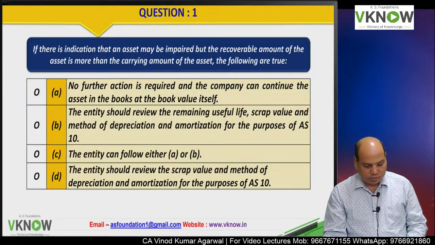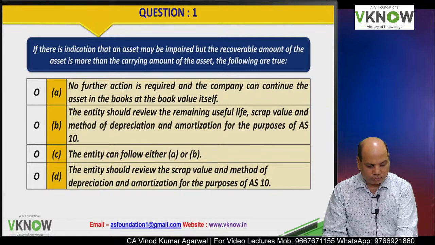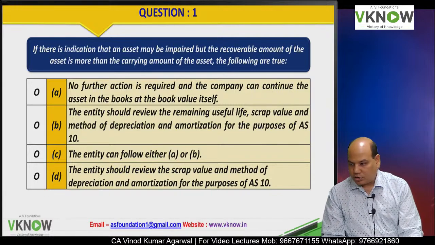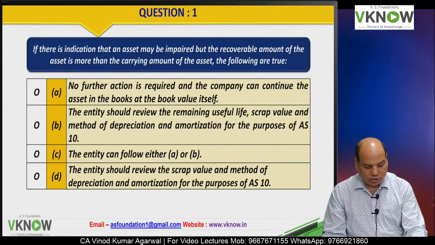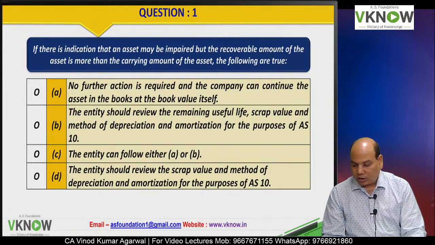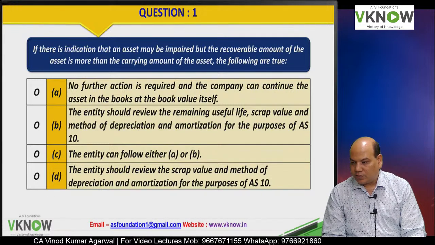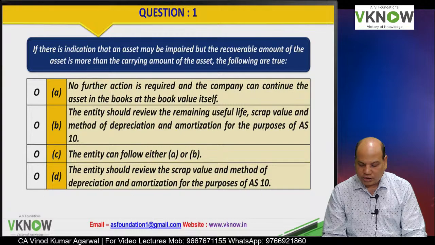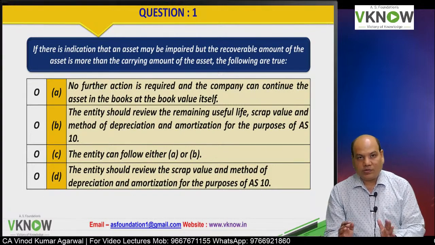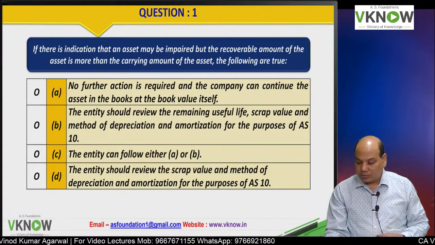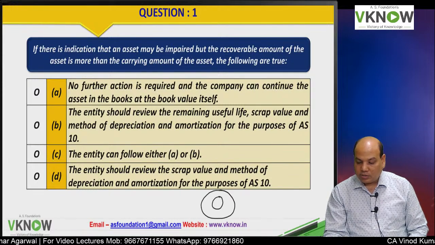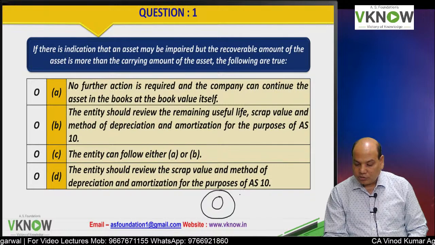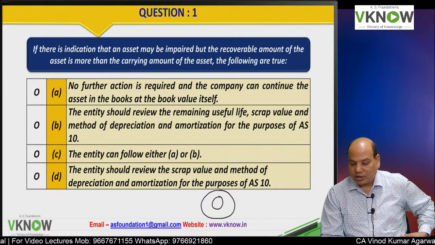Now we'll take 4 MCQs. Quickly reply. There is an indication that an asset is impaired, but the recoverable amount of the asset is more than the carrying amount of the asset.